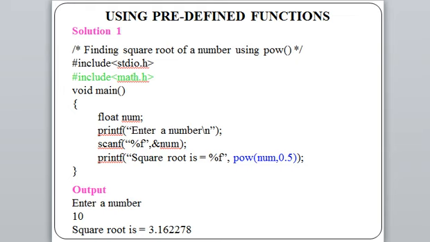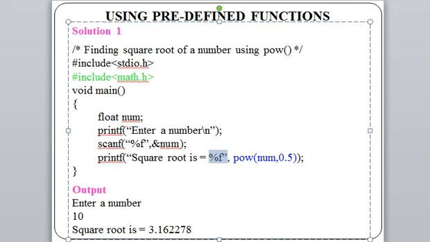What we observed here is 3.162278. Now when I execute, C program execution starts from function main. I declared a num here, and I gave a statement to the user to enter a number. Then using scanf, it will read a value from the keyboard. Then directly I am displaying the result: square root is equal to this percentage f, which depicts the result of pow.